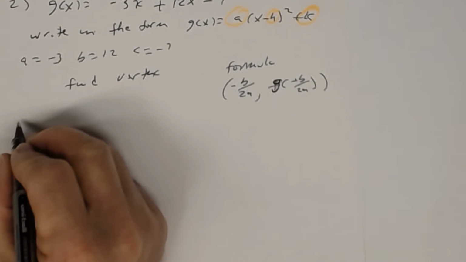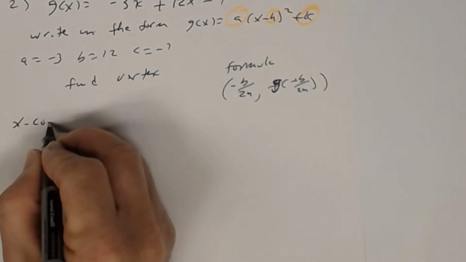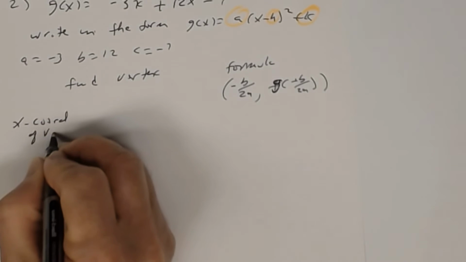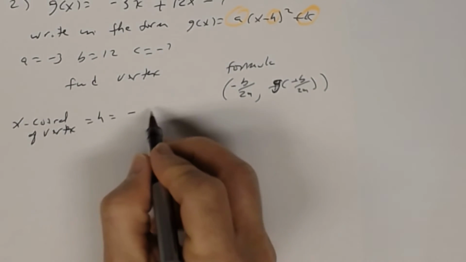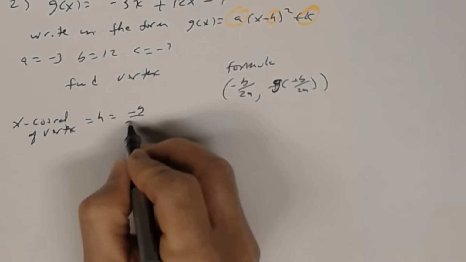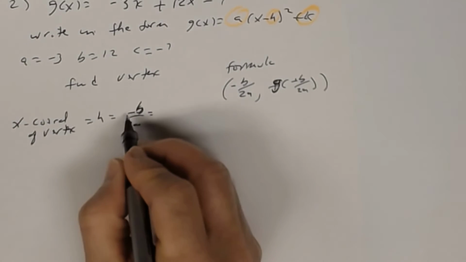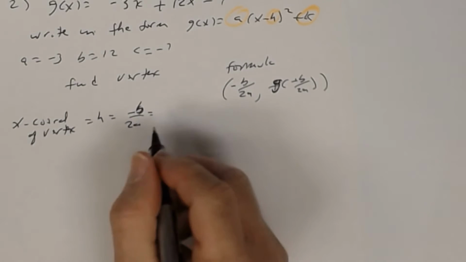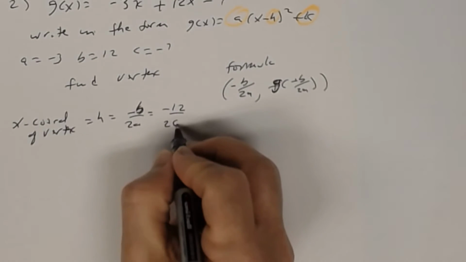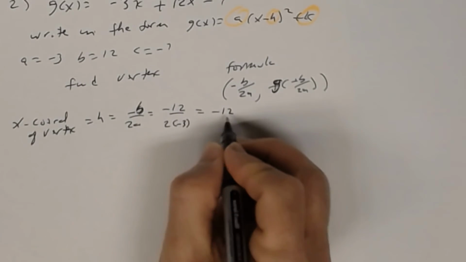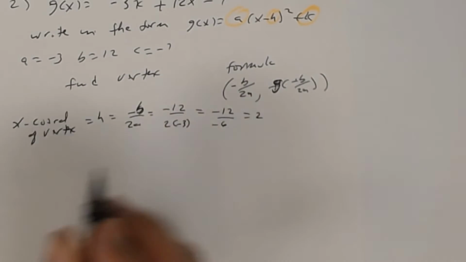Okay, so the x coordinate of the vertex, which is h, is going to equal the opposite of b divided by 2a, right? And so b in this case is 12, so I get negative 12 divided by 2 times a. A is negative 3. So I get negative 12 divided by negative 6, which is a positive 2.